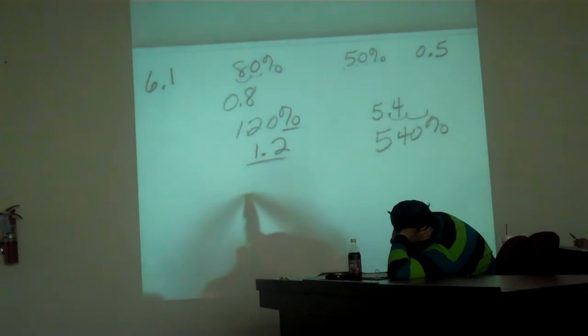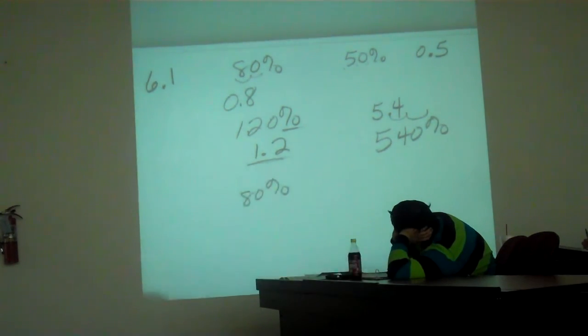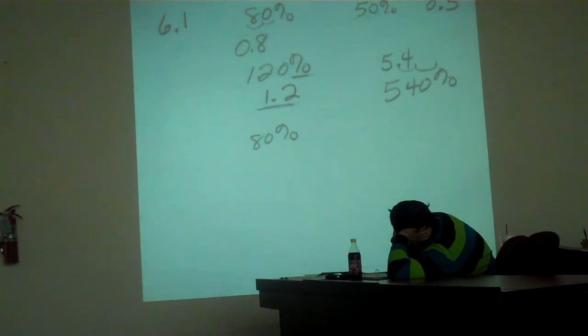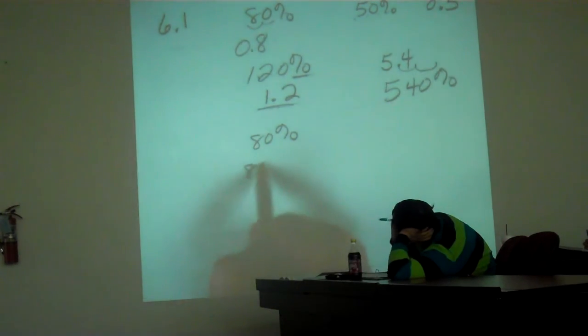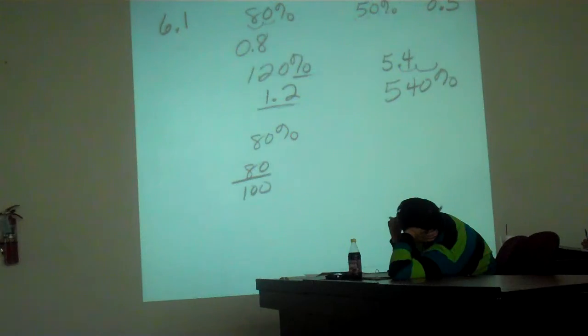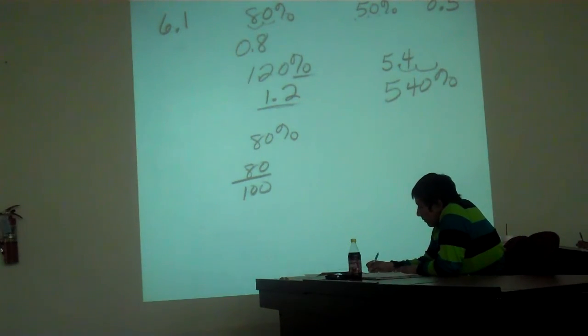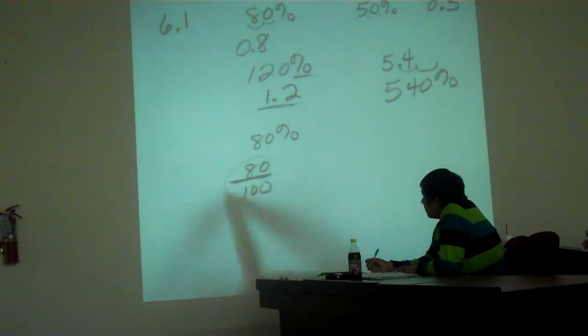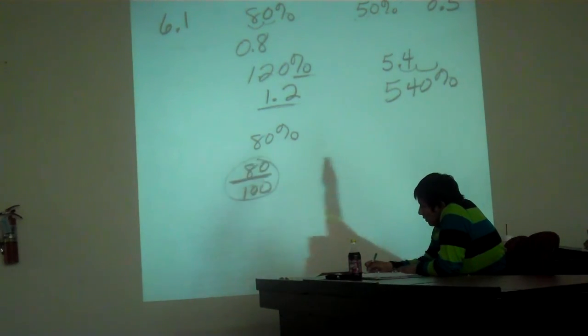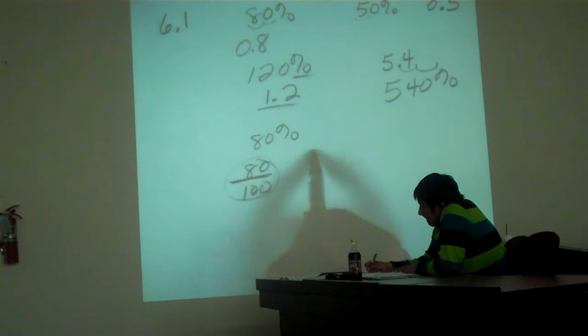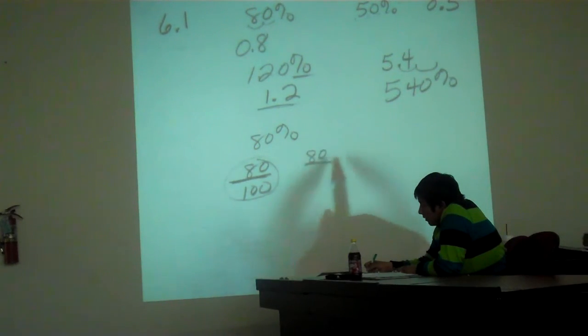Okay? To write it as a fraction, 80%. Percent always means out of 100, so you put 80 over 100. Okay? The first problems you do, it wants you to write it as a fraction, or another way, you could say 80 times 1 over 100.